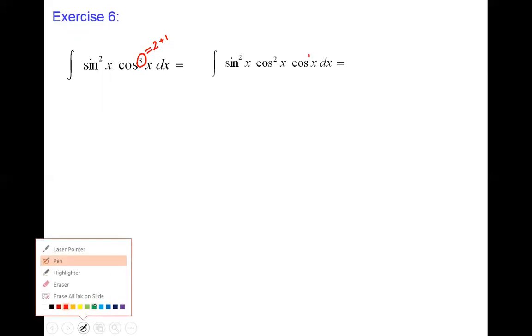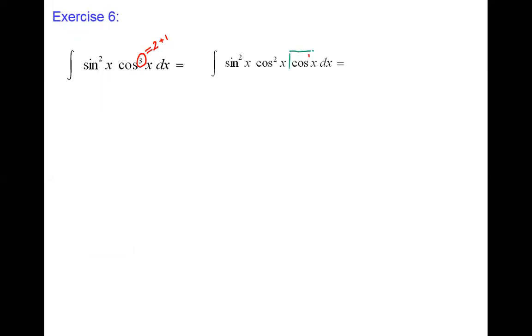We can see this is that 1, cosine to the power of 1, and I will save this box to be du. This is cosine square, and cosine to the power of 1 will give me the original cosine cube. That's me thinking a few steps ahead.